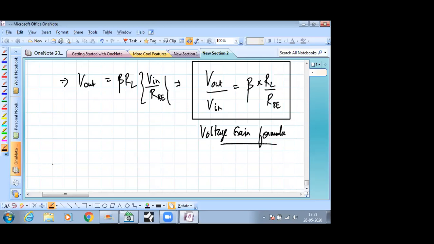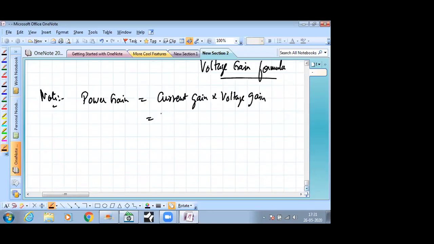And one final formula you should know is power gain. So that is current gain factor multiplied by voltage gain factor. So that actually becomes beta square times the ratio of these resistances.